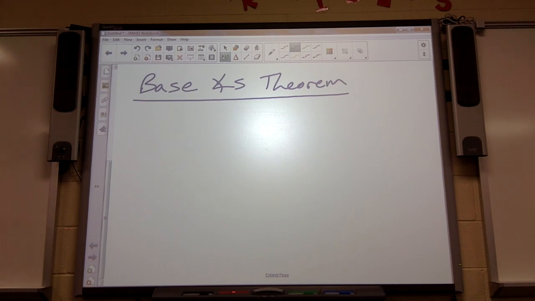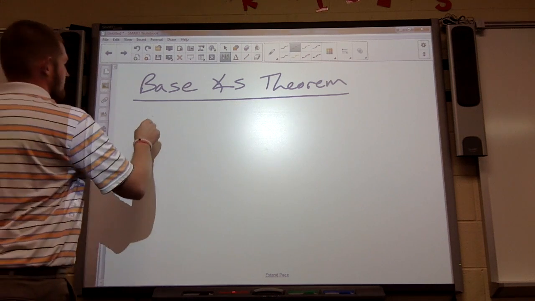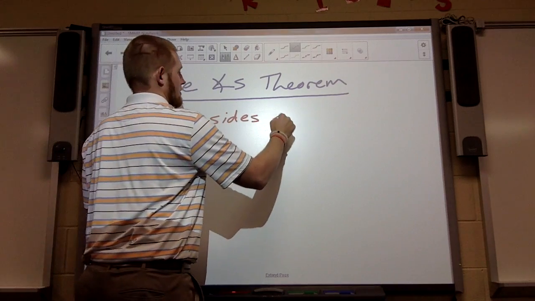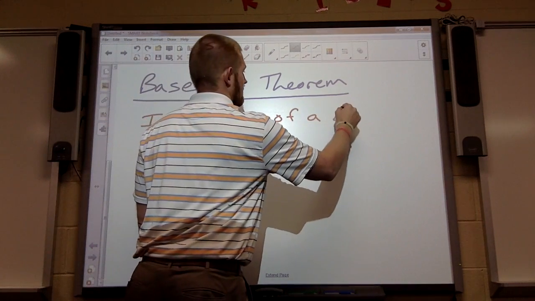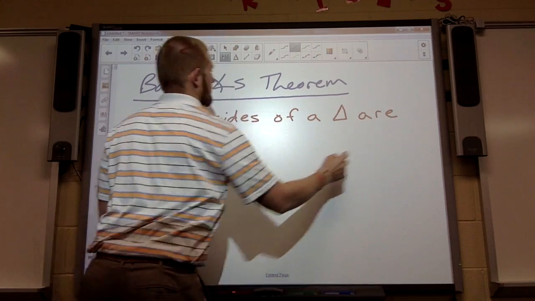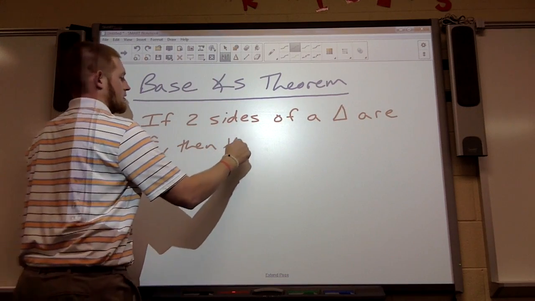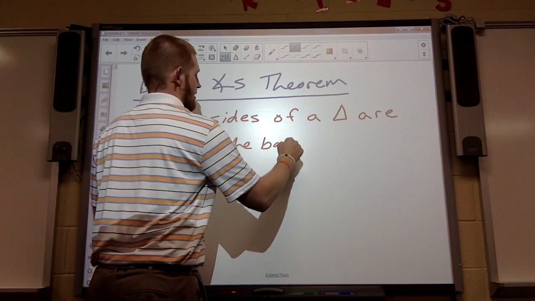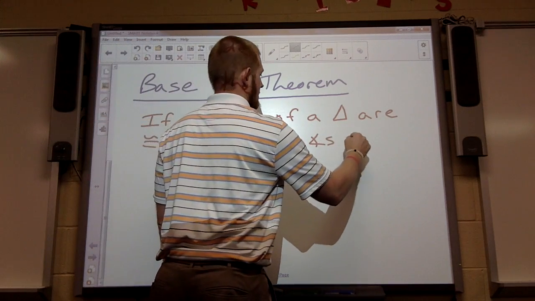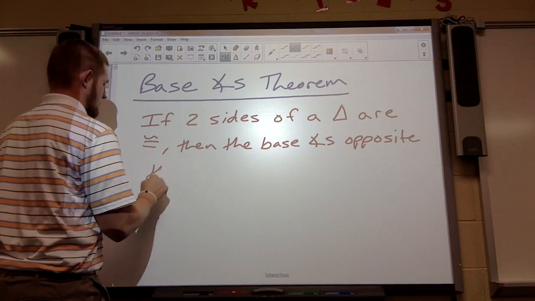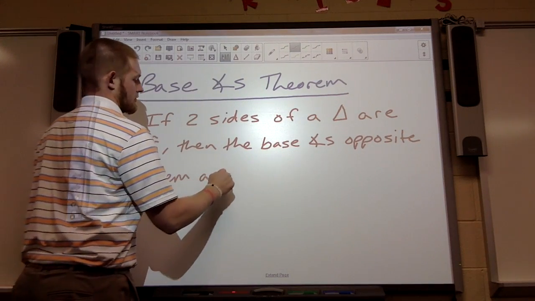The base angles theorem says if two sides of a triangle are congruent, then the angles opposite them are congruent.